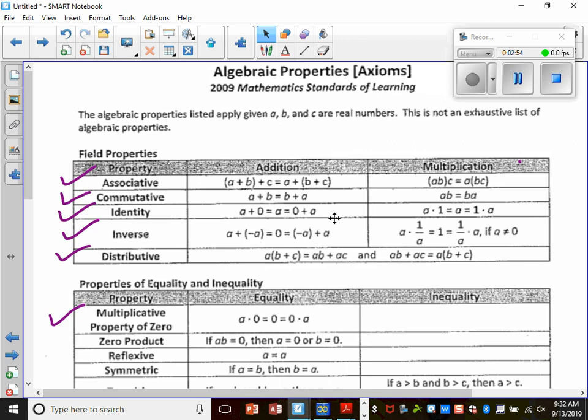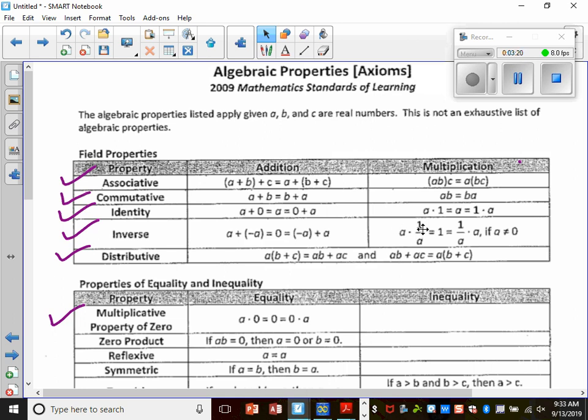Identity means you're going to end up with the identical thing you started with. So if I add 0 to any number, I end up with the same number. If I multiply by 1, I end up at the same place I started out. Inverse. What does inverse mean to you? Okay, opposite. When you add a number and its opposite, it will always equal 0.